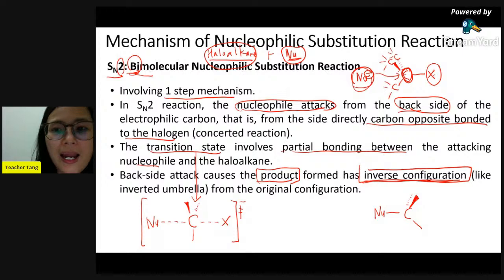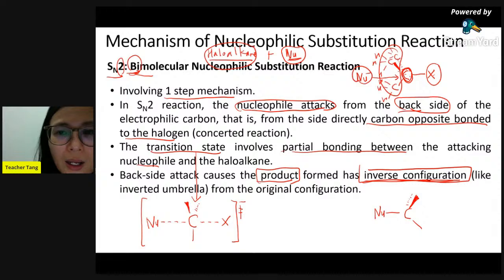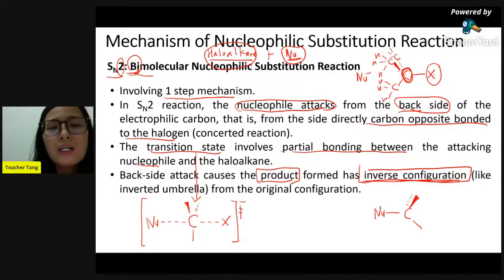Why? Because now, can you see that around here in the tertiary haloalkane, it is very crowded. So the groups here can block the nucleophile from attacking this carbon. Because of that, the tertiary haloalkane is the least reactive towards SN2.